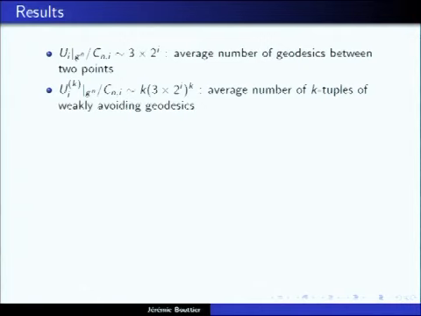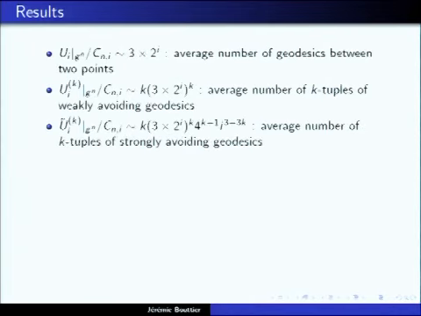For the confluent geodesics, it's interesting to see that despite the fact that you would think you have fewer than k independent geodesics, still the correlation function is larger than this one to the k. It's because of correlation, so that would be the average number of k-tuples of weakly avoiding geodesics.